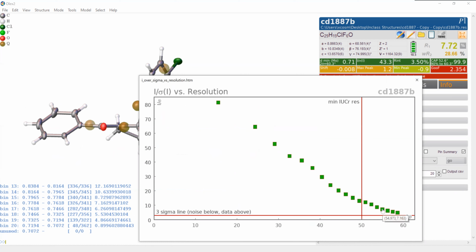Some people normally cut off at 55, but even the data up to about 57 is still good. So whether you cut off at 55 or 57, it's up to you. But since we're being consistent with 55 with Mo radiation, 50 is the minimum cutoff. You can't go any lower than 50. But this is very good data out to about 58 degrees 2 theta.